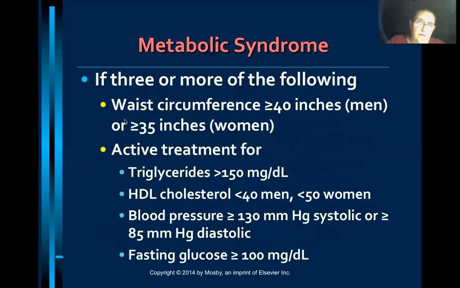If you have three or more of the following: a waist circumference greater than 40 inches for men, greater than 35 for women, active treatment for triglycerides, HDL, blood pressure issues that you're being treated for, or a fasting glucose of over 100 milligrams per deciliter, you may have metabolic syndrome.